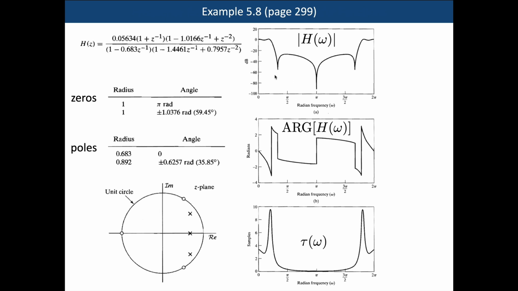Also, you see that as we get close to poles, the response is going to have a steeper phase, which is going to give us a larger group delay. And then as we come over here close to the zeros, the delay can actually go negative. The group delay can go negative, which is an advance.